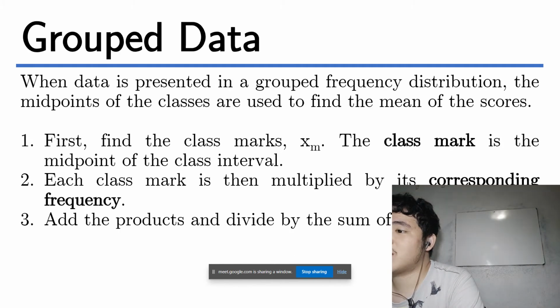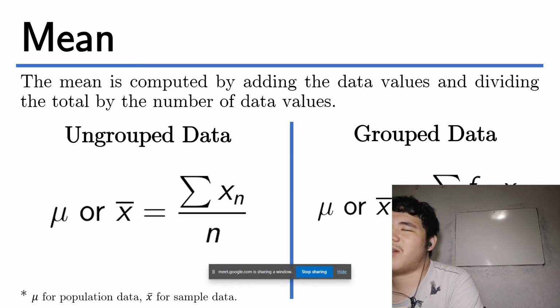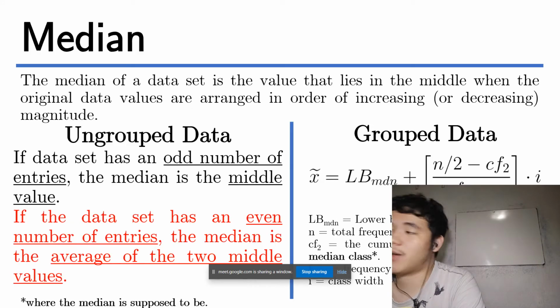Ito yung mga formula. Pag group data, parating tatandaan, get the class mark, yung class midpoint, di ba? Tinuro ko sa inyo yon. Then you can use the following formulas here para to calculate the necessary measures of central tendency.